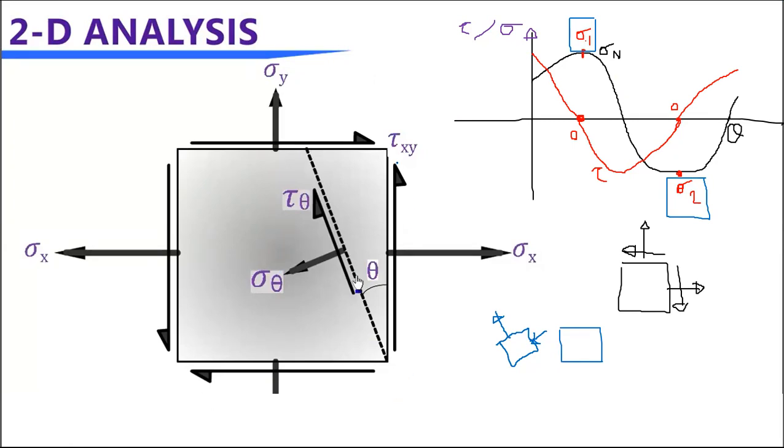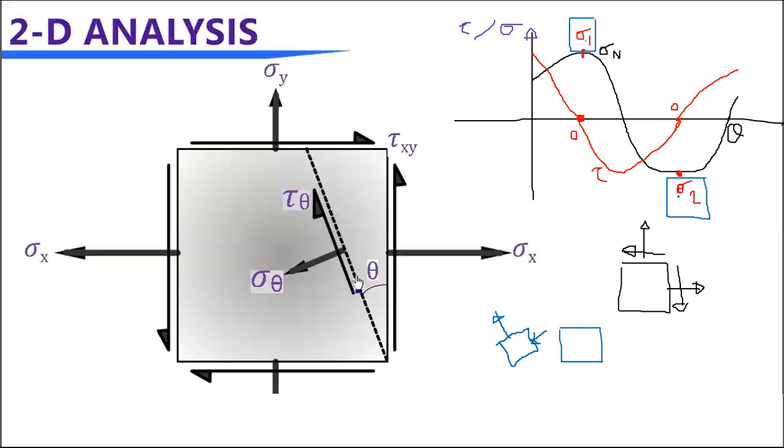That stress can be used to predict whether that material fails, fundamentally. So this is the maximum stress in a 2D case we can expect from this material at any angle due to this loading, and this is the minimum stress that we can expect.